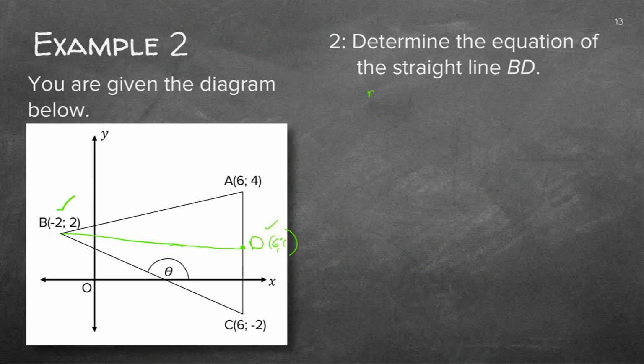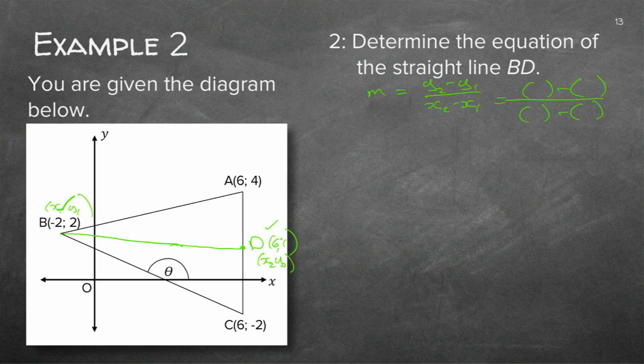I need to find the gradient, which is y2 minus y1 over x2 minus x1. If I do that, let's just number this one x1 and y1, and this one x2 and y2. So we're going to do empty brackets. I hope by now you're really into it.